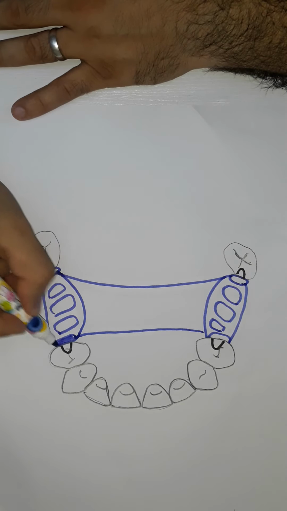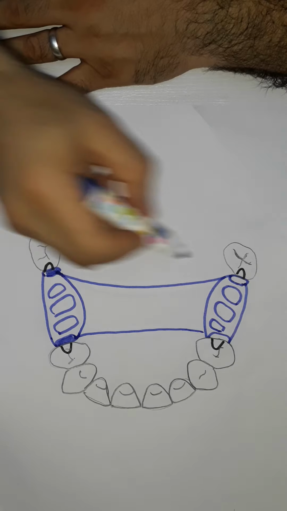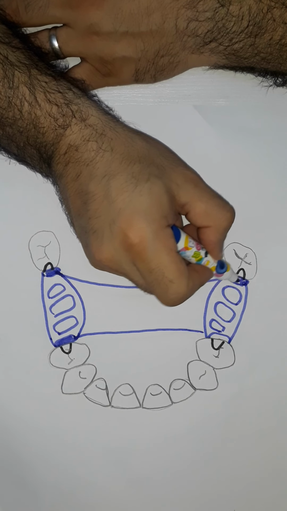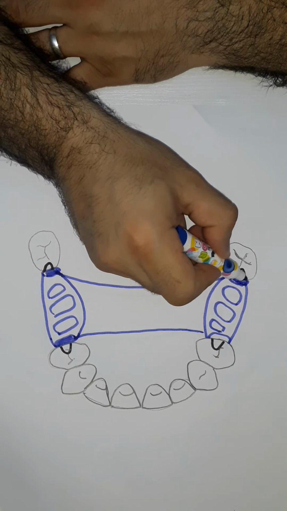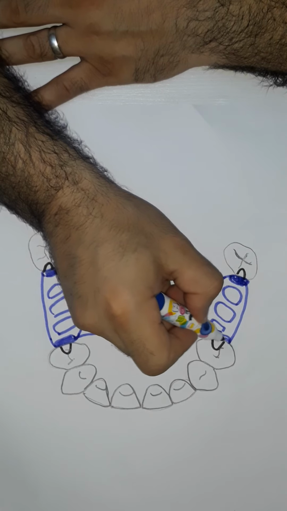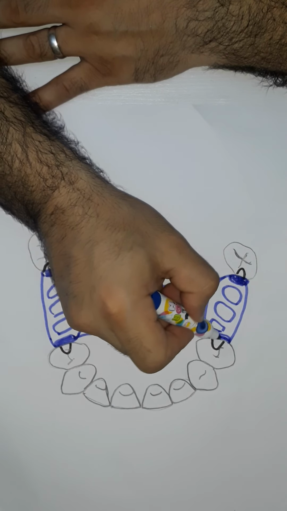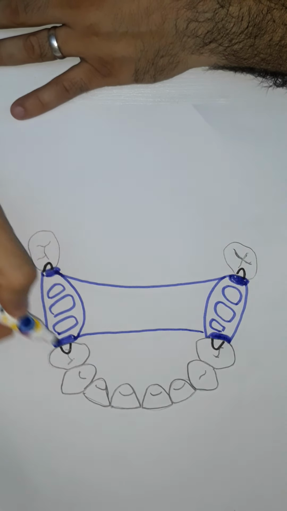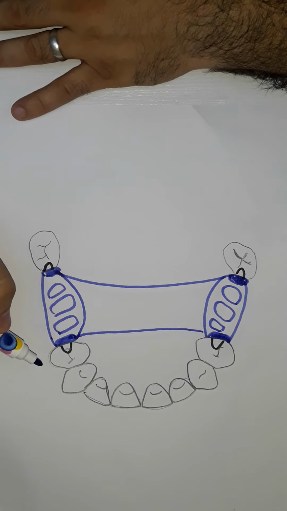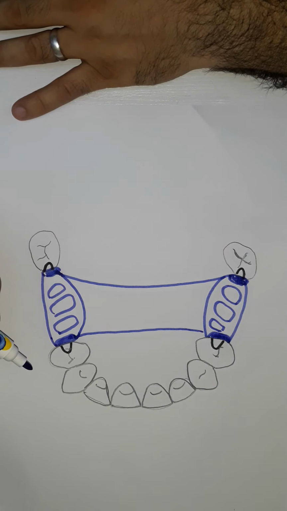These are the proximal plates, so we can differentiate it from the lattice of the gridwork. As you see, all these minor connectors were drawn with a blue color.